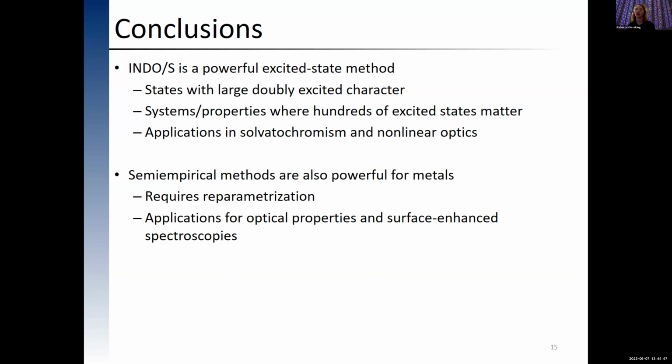For things like nonlinear optics, where hundreds of excited states are important, it's also really helpful, and I showed a couple applications for that as well. And then I think these extensions to metals are also a place where we have really large systems, and we can do some really interesting things with semi-empirical methods that would be difficult to do using any other methods.